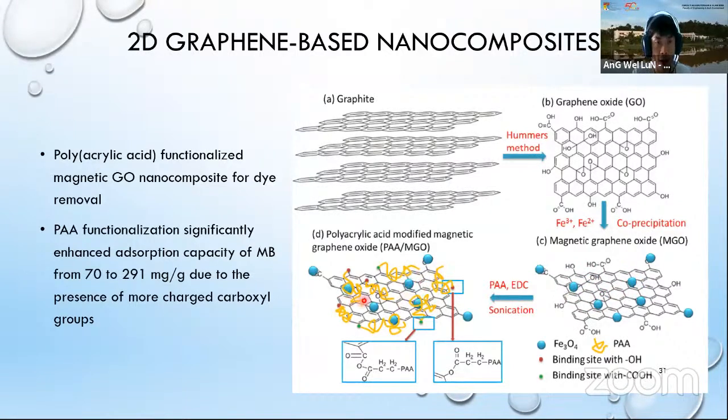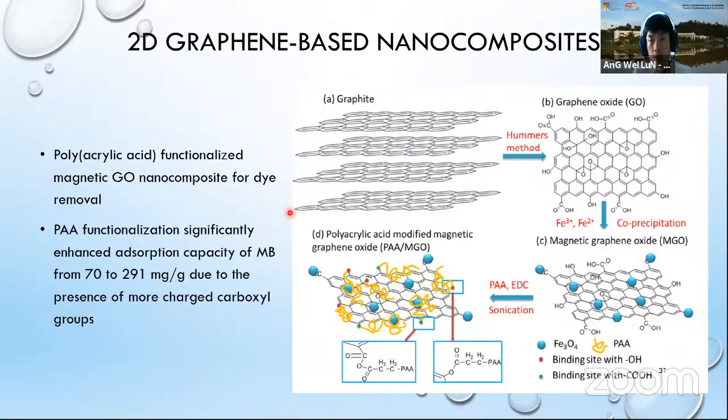This is to enhance the adsorption capacity because you have so many functional groups and more surface area. The adsorption capacity for methylene blue was improved from 70 milligram per gram to almost 300 milligram per gram. You notice the sharp improvement for the pollutant removal.